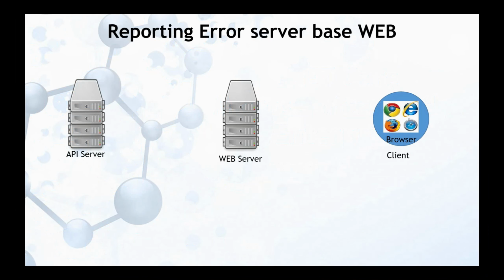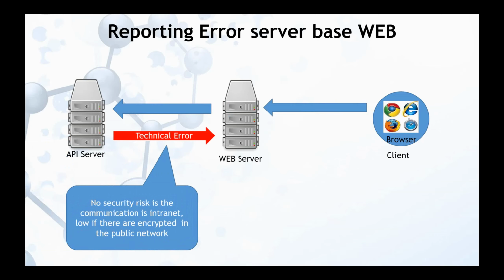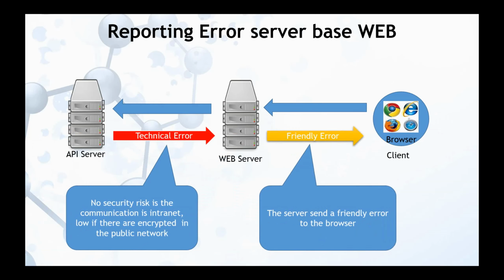In the early web APIs based on server code, the problem of sending errors to the web was not so complicated. The server managed the request to the API, and when an error happened, you could send the technical error information to the web server with all the information to resolve the bug, and the web server only sent the user in the browser friendly information about the error.